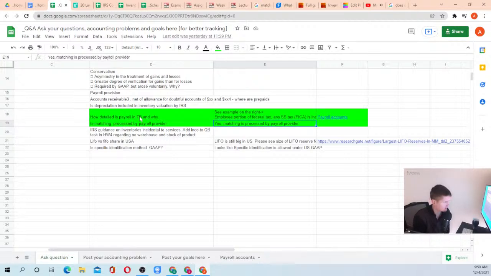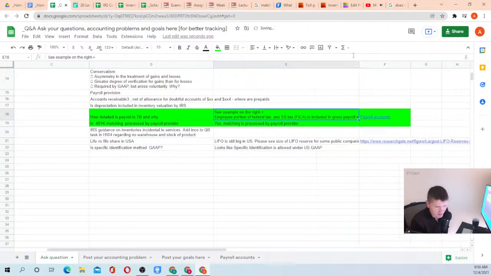So I checked in our company, and yes, matching for 401k. Let me add here that example. 401k matching is processed by payroll provider, and employee portion of federal tax and social security tax, FICA, is included in gross payroll expense.